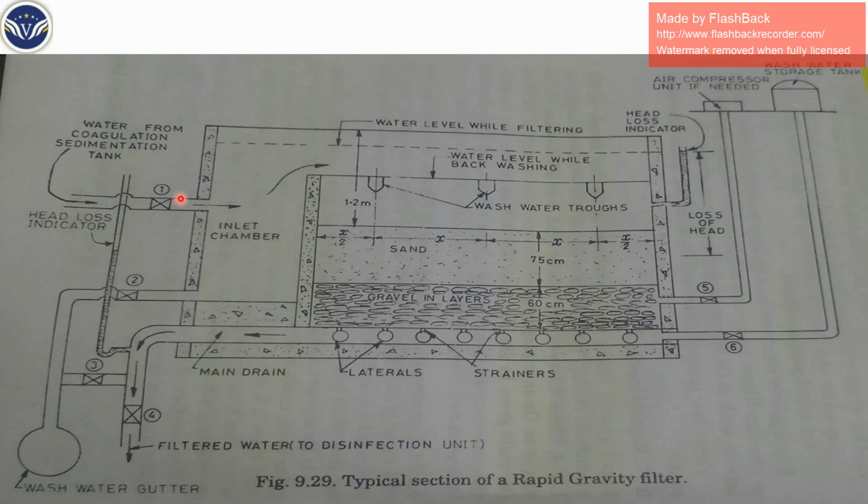Then you close valve number 3 and open valve number 4. The water passes through the filter media to the laterals, through the main drain, and to valve number 4. It is connected to a disinfectant tank or distribution network.